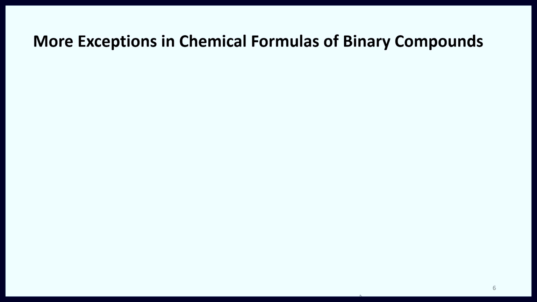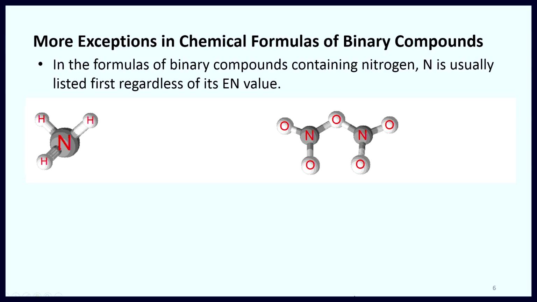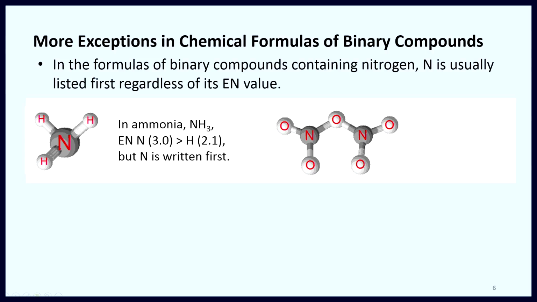Another exception that we see in chemical formulas of binary compounds involves nitrogen. In formulas of binary compounds containing nitrogen, you'll see that the N atom is usually listed first regardless of its electronegativity value. Here's two examples. The first compound on the left is ammonia, NH3.